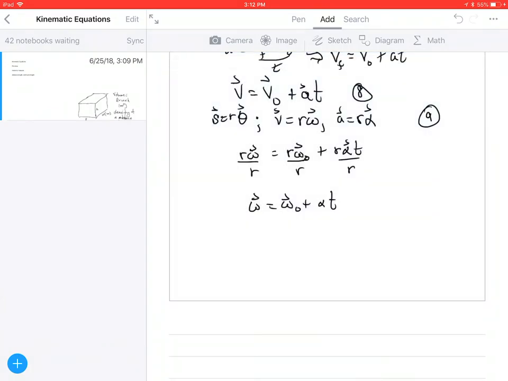Okay, so we would consider this one to be equation number 10, and look at how we derived it directly from the tangential. Okay, so we have this first equation.